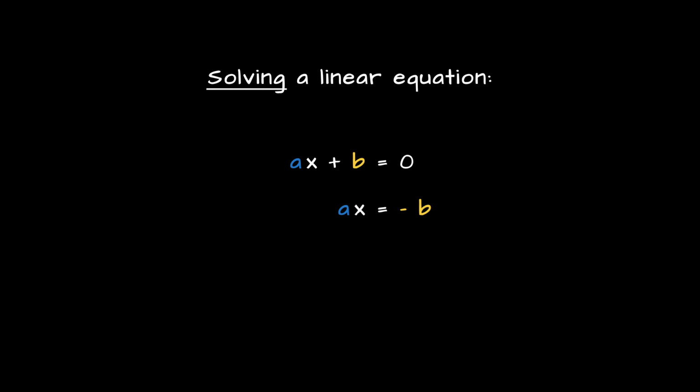And note that this is possible because we are assuming that a is non-zero. So the general solution here will be x equals minus b over a. That's the general solution of an arbitrary linear equation.